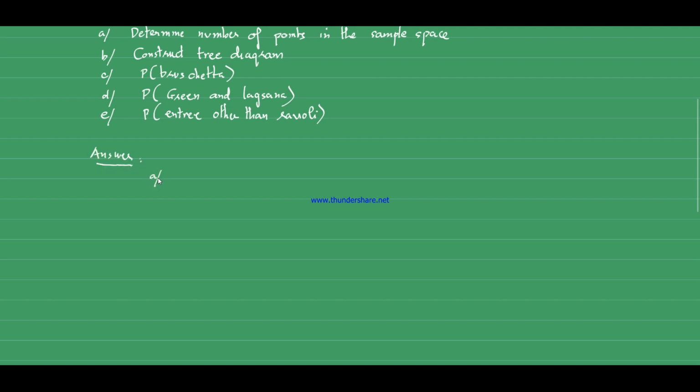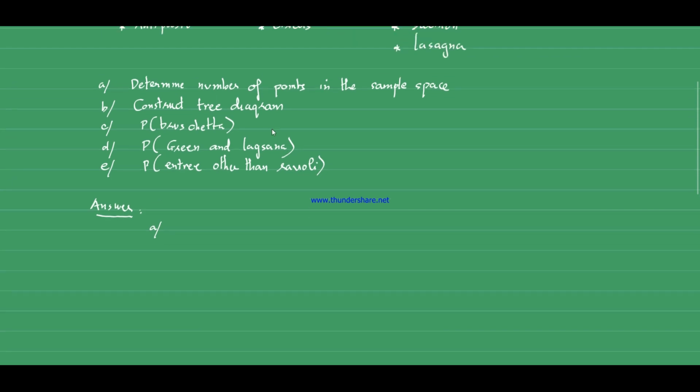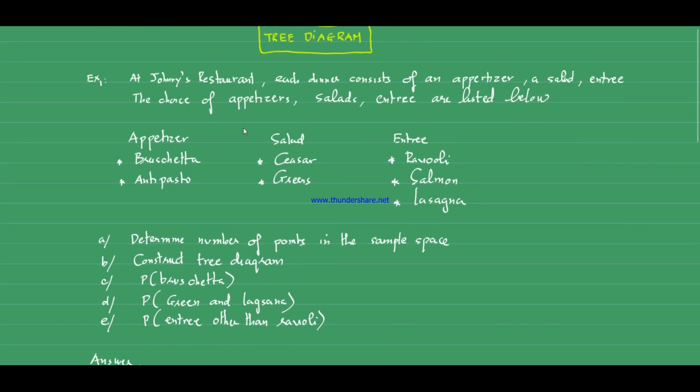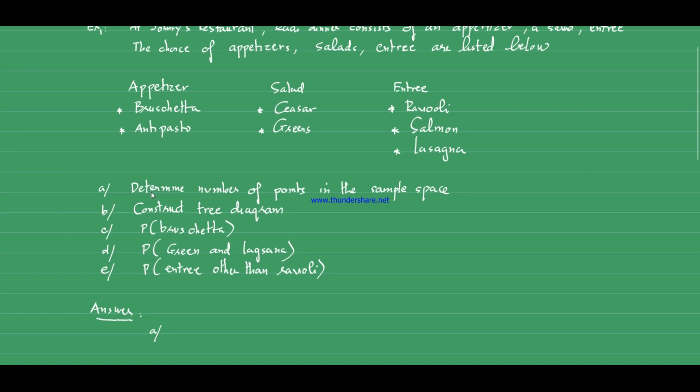In order to calculate the number of elements in the sample space, which is the number of points, we're going to use the counting principle, because the tree diagram is based on the counting principle, and the counting principle is based on the tree diagram. Both of them are kind of the same thing. So I'll use the counting principle here. I'll write S for sample space.